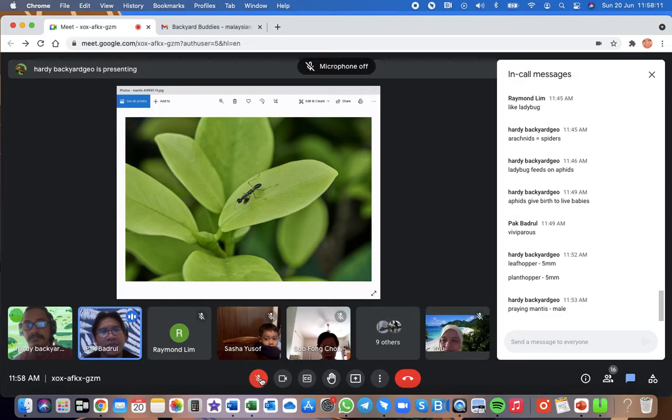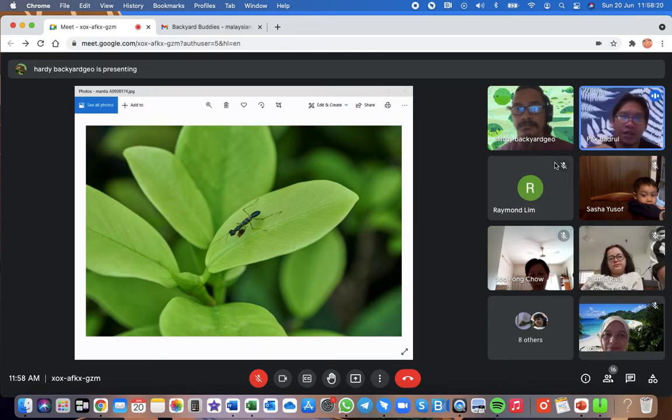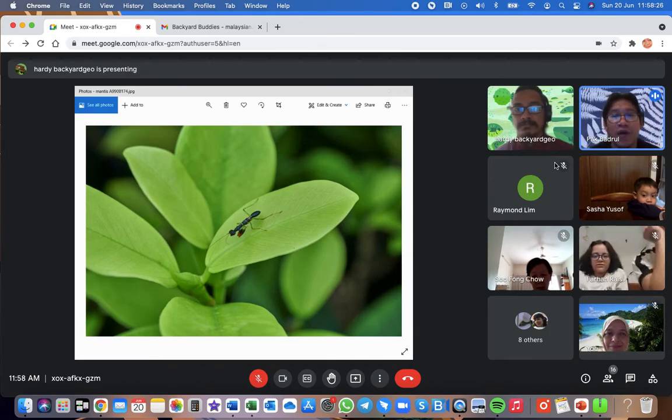Some of the ants are good because they have a function in nature, the nutrient cycle. Some species, especially in our kitchen, are the best. So we need to make sure our kitchen is clean and tidy.